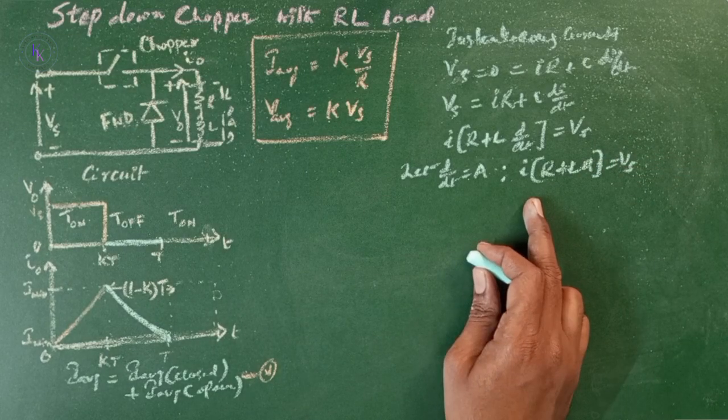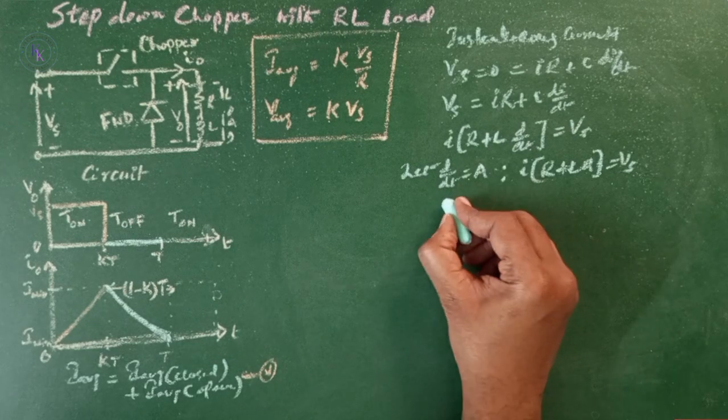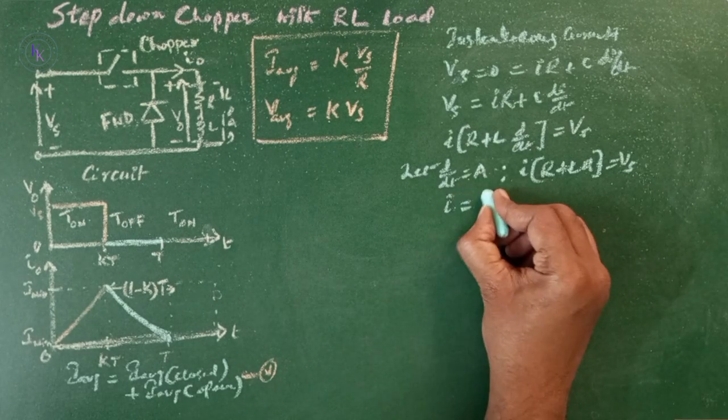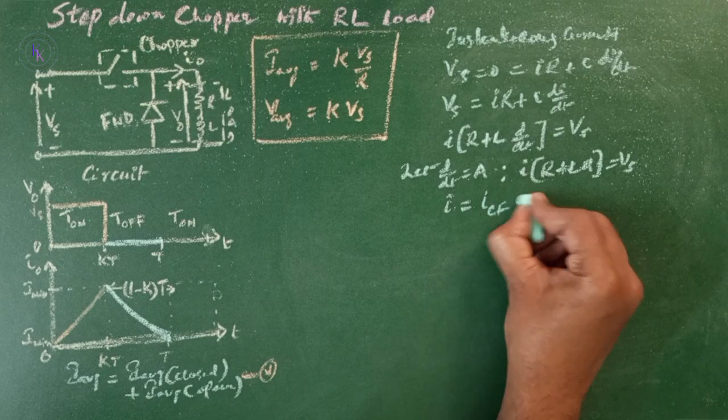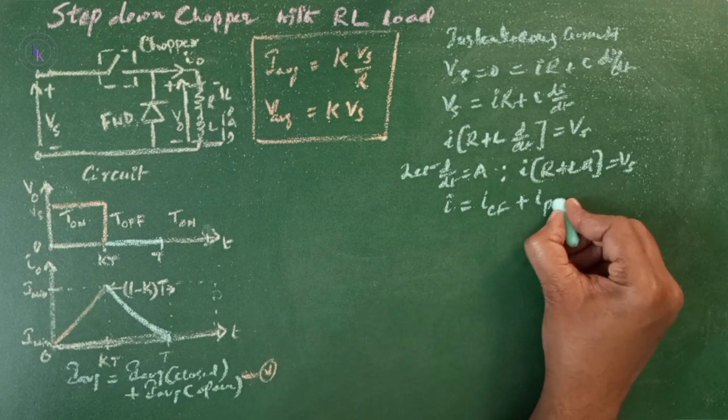Therefore, the solution can be calculated as two components, that is I equals I complementary function plus I partial integral.